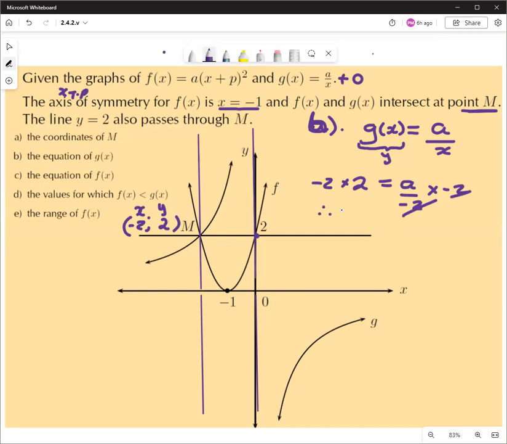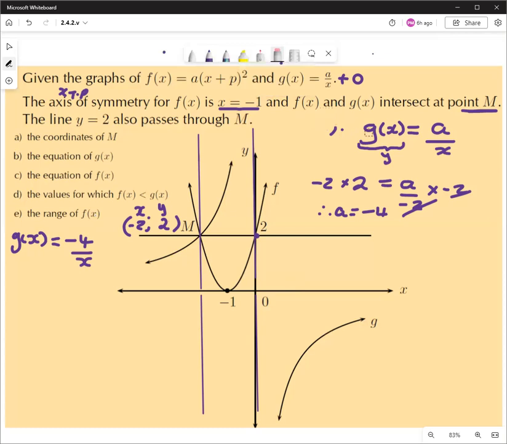Then therefore, my a is going to be -4, right? So I can easily see that my g of x is going to be -4 over x. Then I'm done with that question.